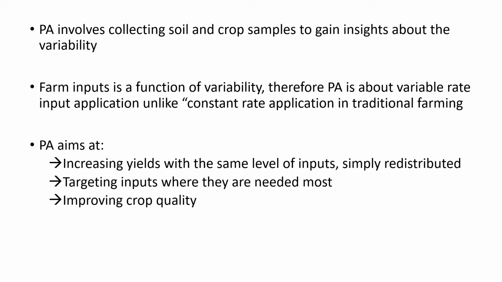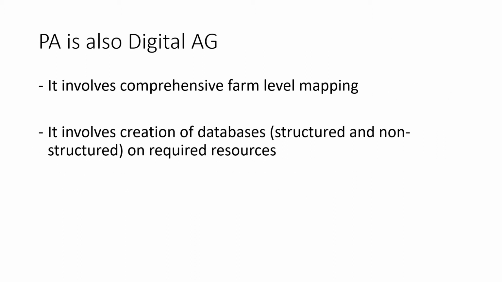The other aim is to apply inputs where they are needed the most. And the third is to improve crop quality. Therefore, precision agriculture is also digital agriculture in a sense that it involves comprehensive farm level mapping, but also it involves creation of databases. And these could be structured and non-structured databases on the required resources.